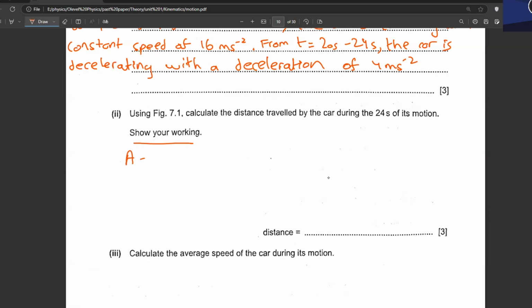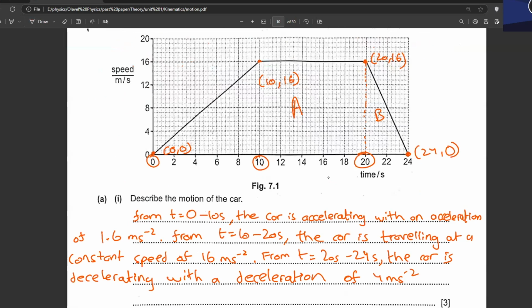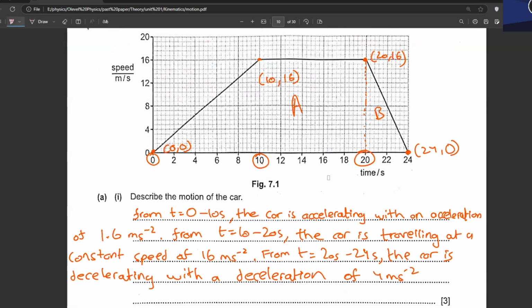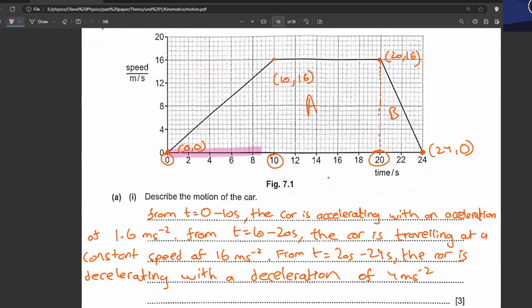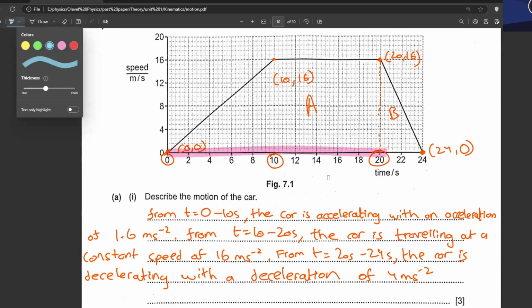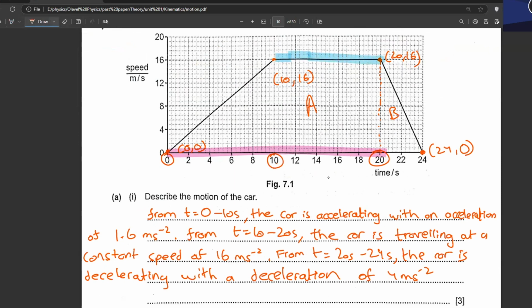The area of A is equal to 1 upon 2 into the sum of parallel sides. The parallel sides are 20 and from 10 to 20, that will be 10. This parallel side is 10, this parallel side is 20, the height is 16.